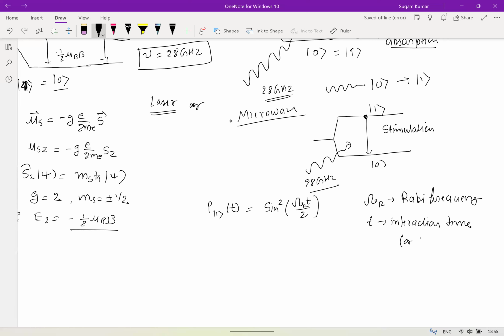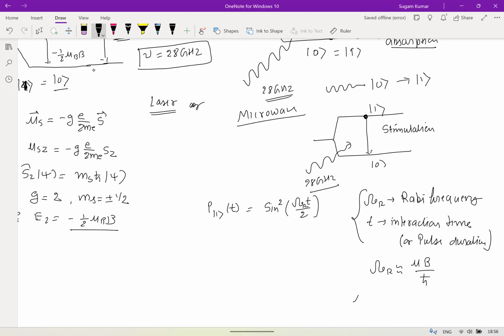Or you can say the pulse duration: for how long you are going to shine these photons, for how long the pulse will be there. In general, the Rabi oscillation frequency is a very complicated expression to calculate, but in short, with a good approximation, it is equal to mu B times B1 upon h-bar.